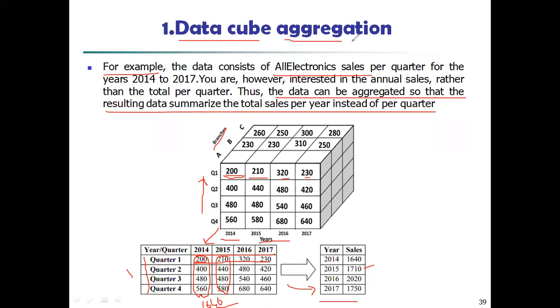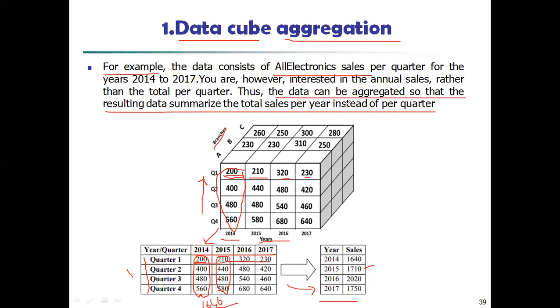Data cube aggregation means you are going to add the quarters' data into a year's data. Then automatically you may reduce 4 rows of data into a single row of data. That is the data cube aggregation here.